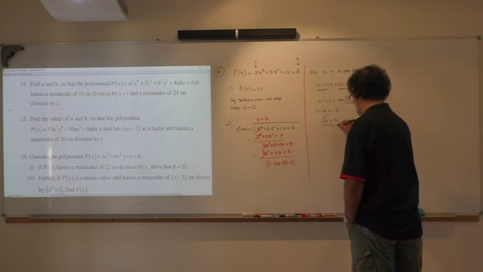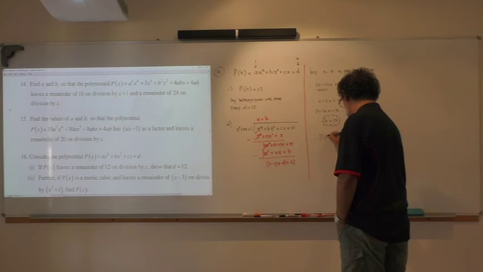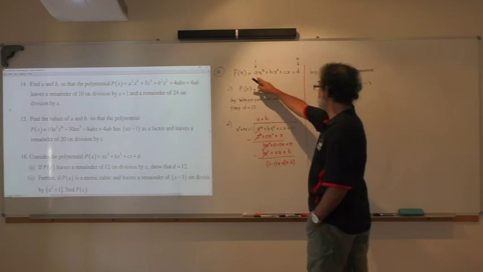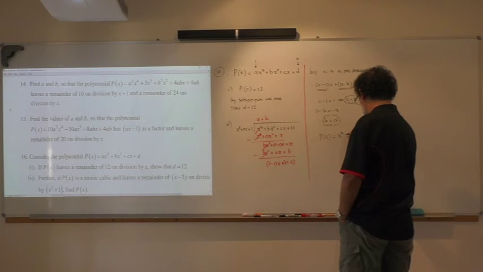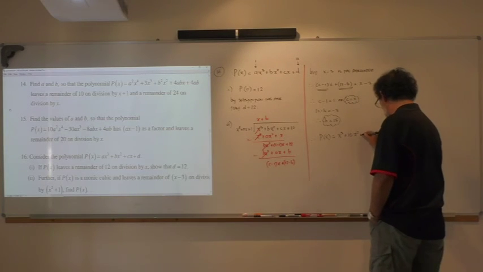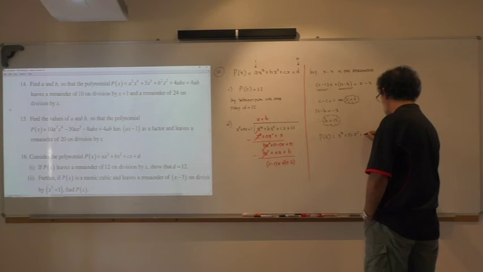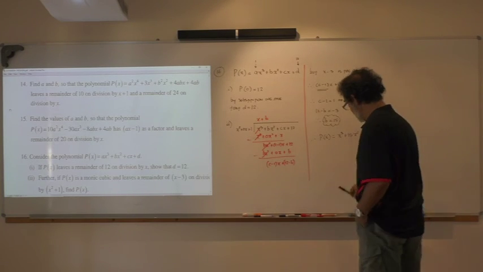Okay, and that's it. That is what we want, because now my polynomial is equal to x cubed plus 15 x squared plus 2x and then plus 12. That is what they want.